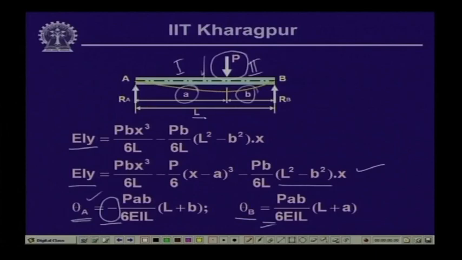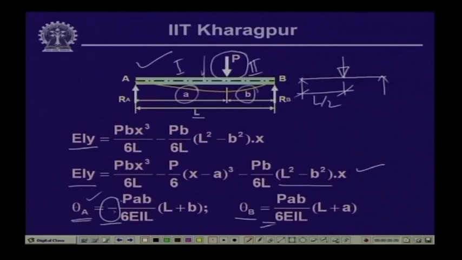If we substitute a and b as L by 2, we get the situation where the beam is subjected to a concentrated load acting at the center of the beam, and thereby the distances from the two ends are equal to L by 2. Hence, that gives us a particular case of this generalized loading situation.